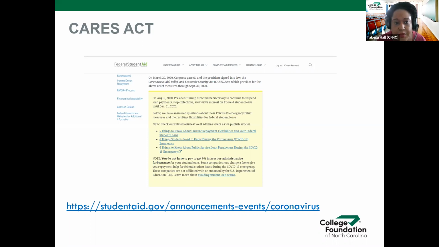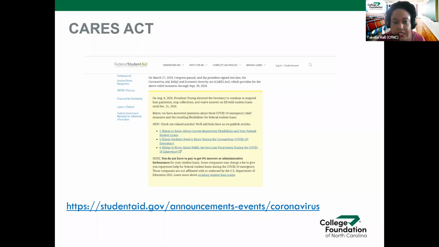However, on August 8, 2020, President Trump directed the Secretary to continue to suspend loan payments, stop collection, or waive interest on Department of Education held student loans until December 31st, 2020.